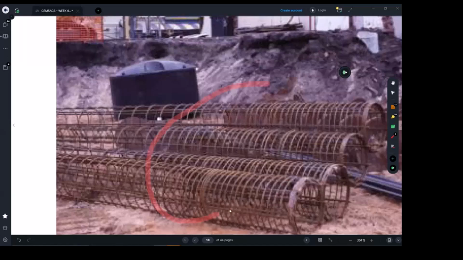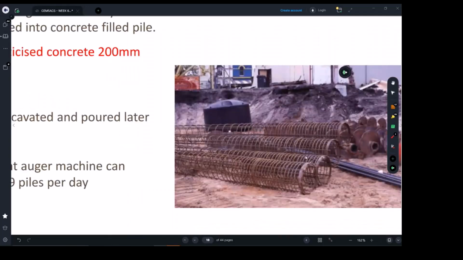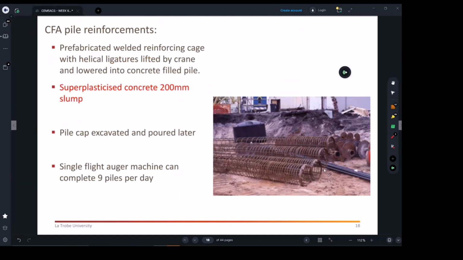And usually these kinds of things are not done on site. They're going to be done in the factory, prepared and craned on site. So the key point here was the ligatures to be tack welded or welded, obviously because they're going to be under pressure as they're submerged into the concrete. And sometimes if they are very, very deep, they need to get vibrated a bit. So the machine that will be pushing them into the ground will apply some vibrations to help them get into the hole which is filled with concrete.